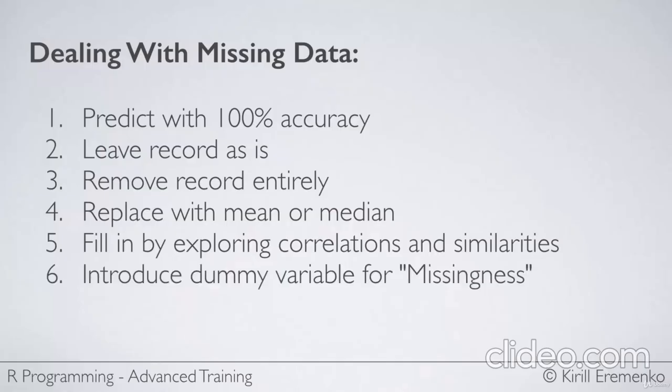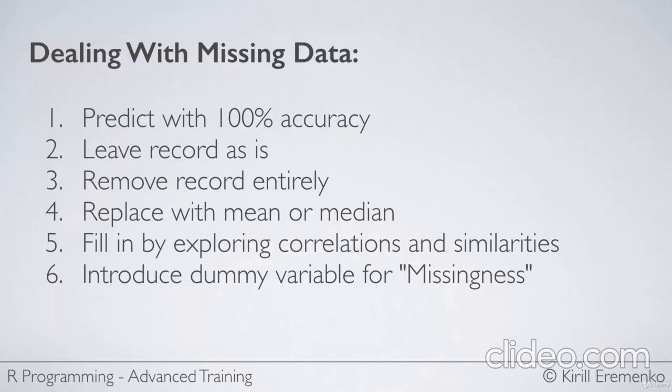And finally, introduce a dummy variable for missingness. This is a very interesting approach, where you introduce a new variable, and where some data is missing, you give it a yes flag. When it's not missing, you give it a no flag, and you explore the correlations of that variable with the outcome that you're looking for. So this is also a more advanced approach, and we won't be looking at it in these tutorials.